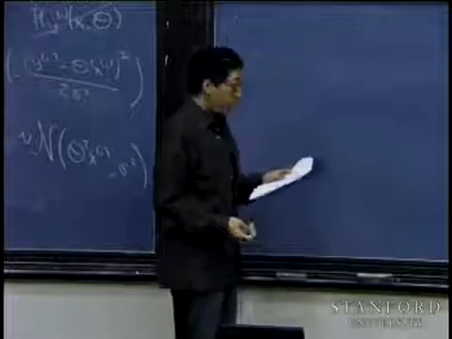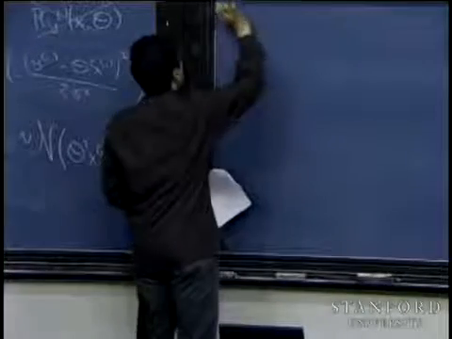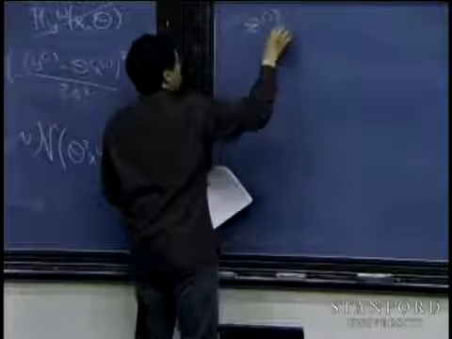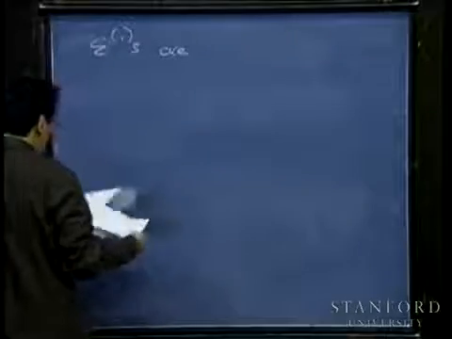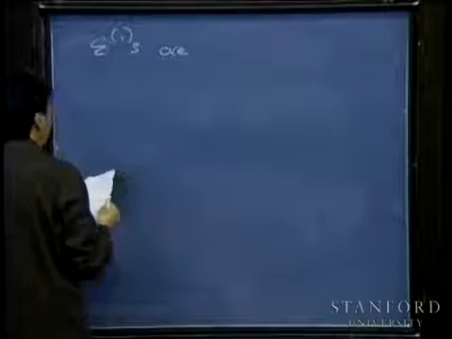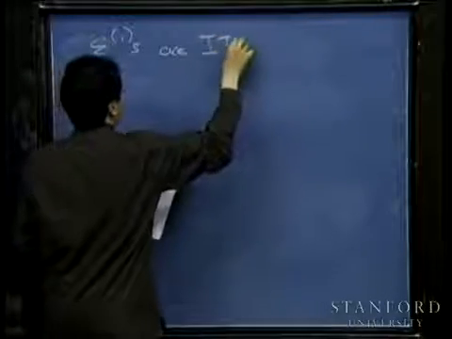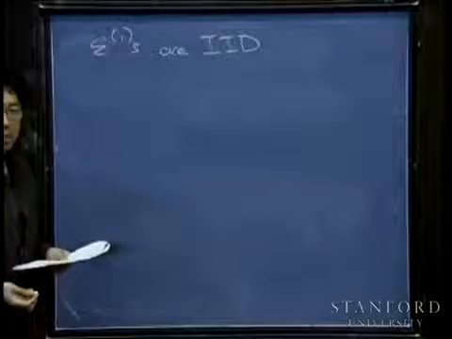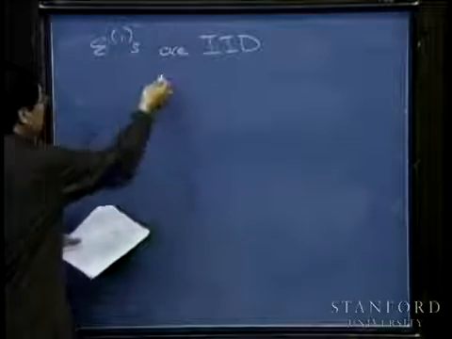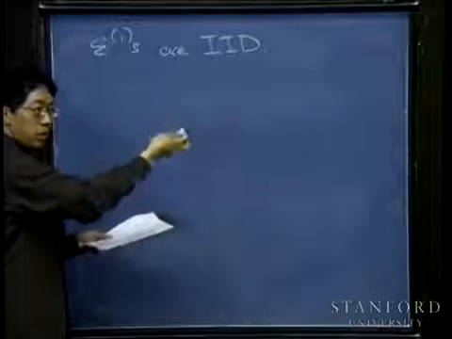Then we're going to make one more assumption. We're going to assume that the error terms are IID, okay, which stands for independently and identically distributed. So this is going to assume that the error terms are independent of each other.